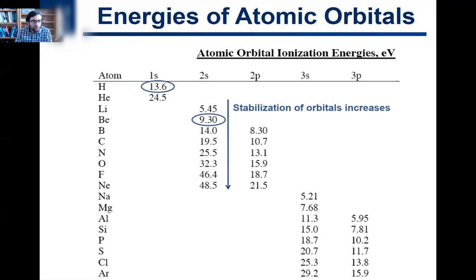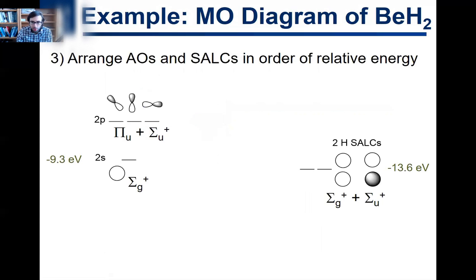But we know that the 2p is always higher than the 2s, and so it's going to be some value above 9.3. All right, so what we can do is write negative 9.3 eV for 2s. We got that from the table. 2p, we don't know exactly where it is, but we know it's going to be higher than 2s. So the next thing is to arrange the atomic orbitals and the SALCs in order of their relative energy.